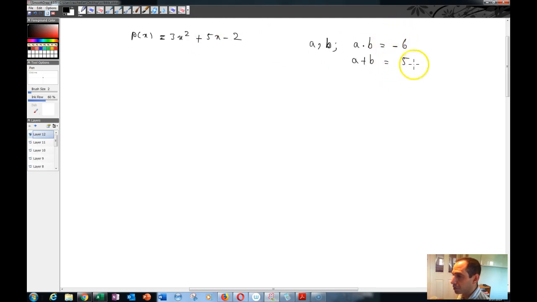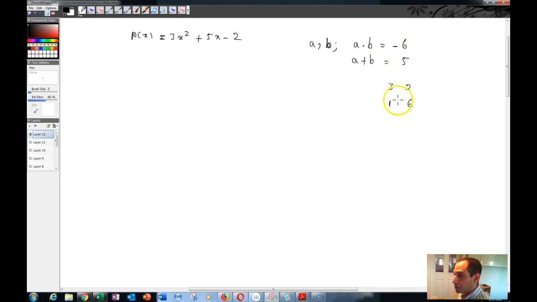So 6 could be 3 and 2, and it could also be 1 and 6.